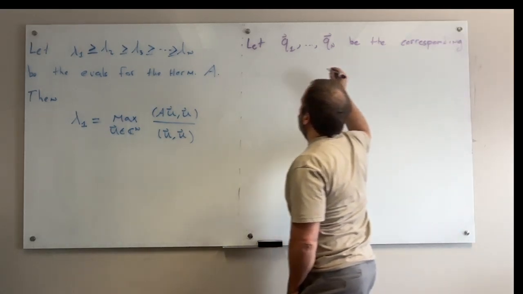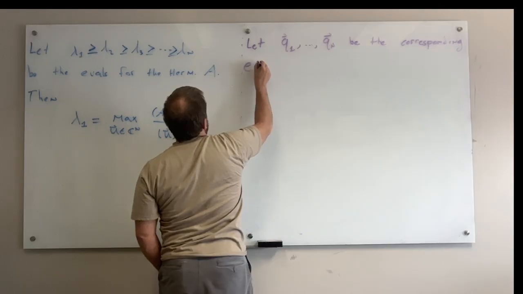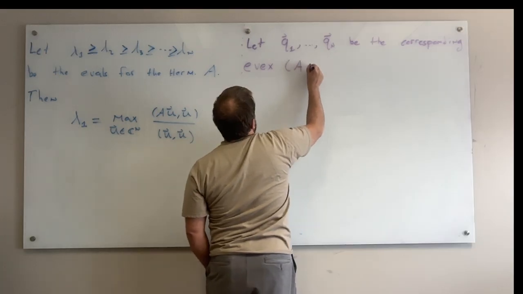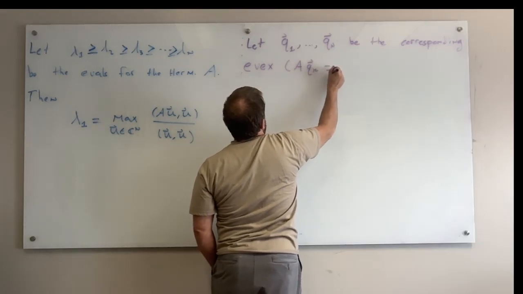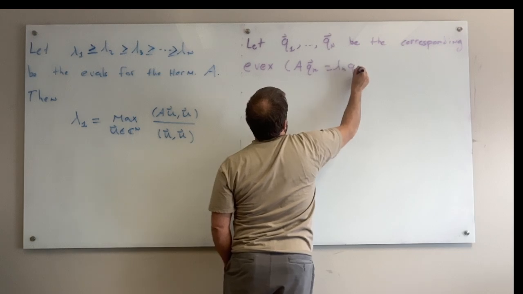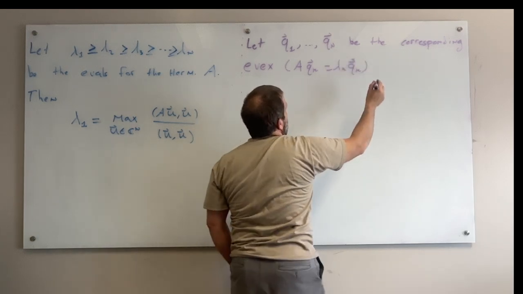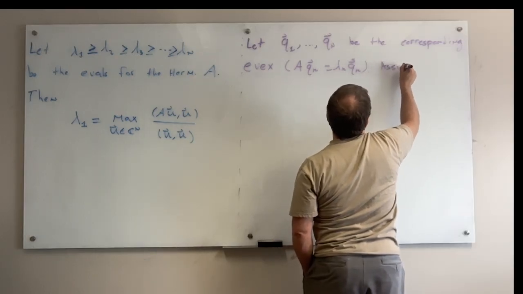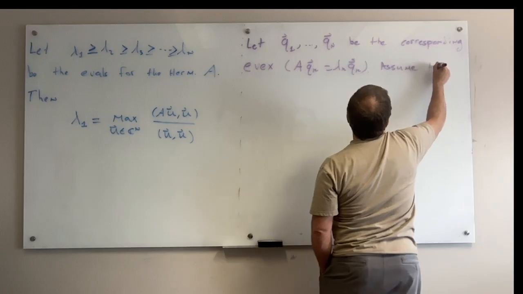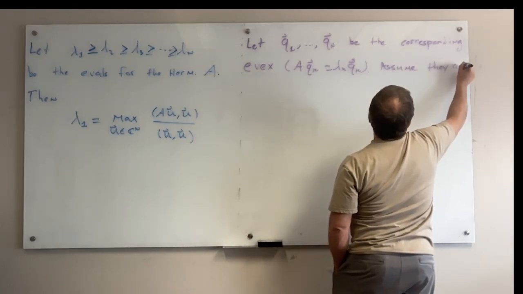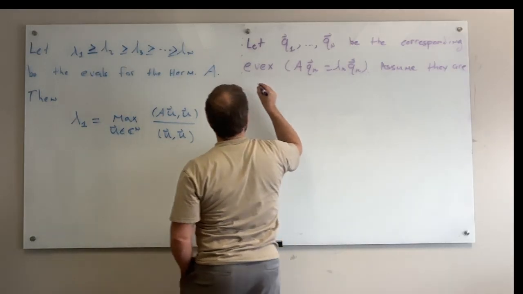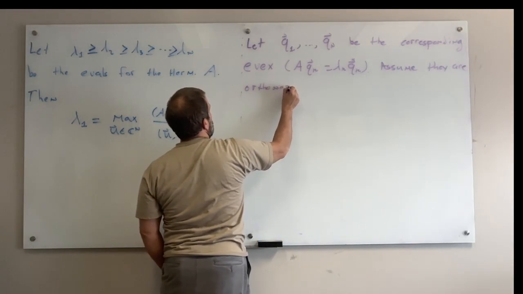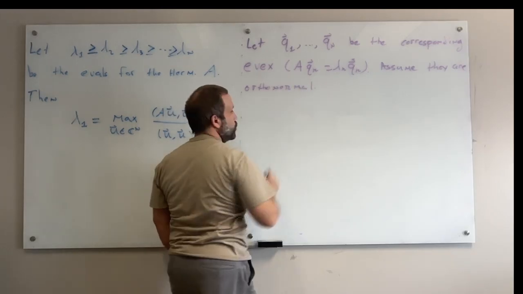So that is A times qk is equal to lambda k times qk, and assume they are orthonormal.